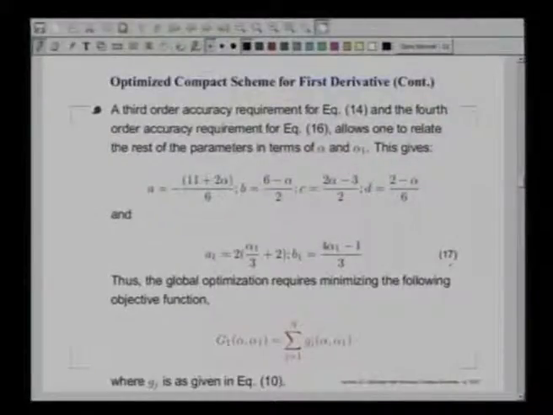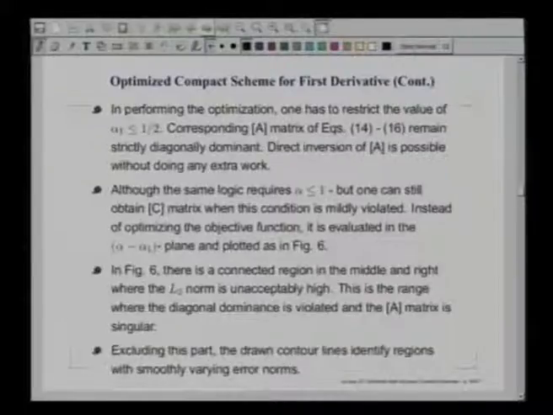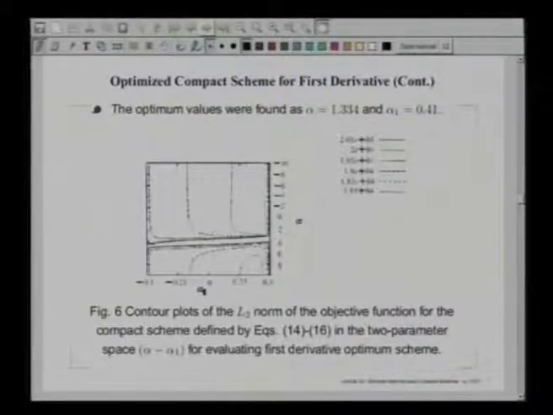So, we want to look for a combination of alpha and alpha 1 for which this G 1 is minimum, and the results are shown here in the alpha, alpha 1 plane. The various contours are plotted here, and the top value is 2.05 into 10 to the power plus 4, and that keeps reducing to some value, and then again increases.